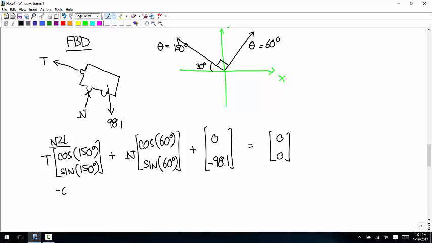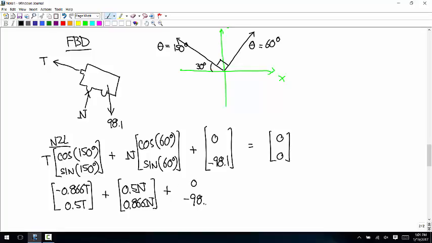That comes out to be negative 0.866 T, positive 0.5 T, plus positive 0.5 N, positive 0.866 N, plus 0, negative 98.1.